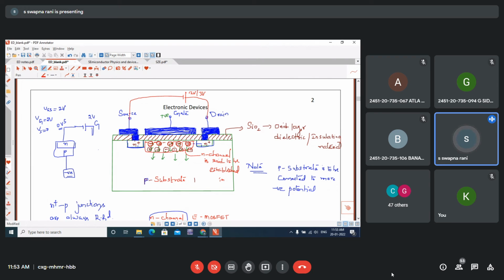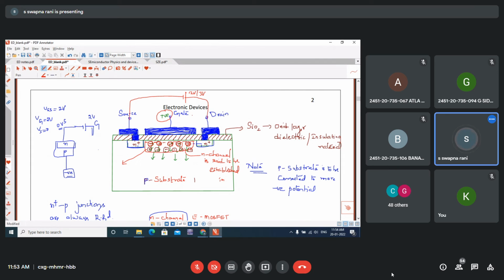A region of negatively charged ions and charge carriers is established below the oxide layer, extending from source to drain. This is the channel which has formed when a sufficient positive voltage is applied on the gate.